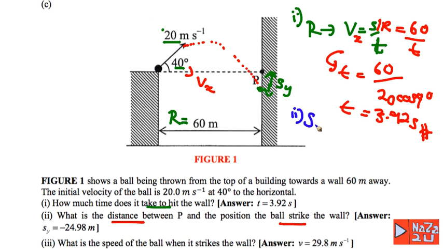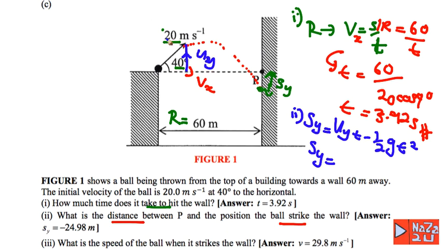You can find the value of y by using the equation sy is equal to uy t minus half g t squared. Resolving to the y-axis, uy is 20 sine 40, times t, minus half g t squared.